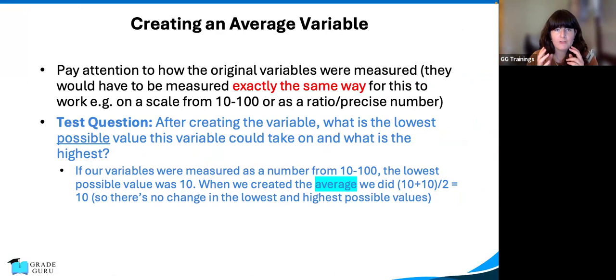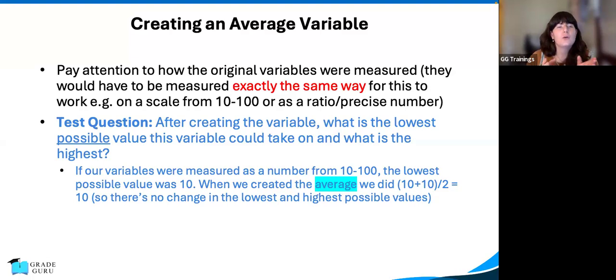If it's on a scale from 10 to 100, then every single one of those variables needs to be measured on a scale from 10 to 100. If it's measured as a ratio variable, then it's all good because it's all ratio, so it's just precise numbers. But if it's nominal or ordinal, not possible. And if one of them is measured on a scale from 1 to 10, and the other one 10 to 100, it's not going to work.